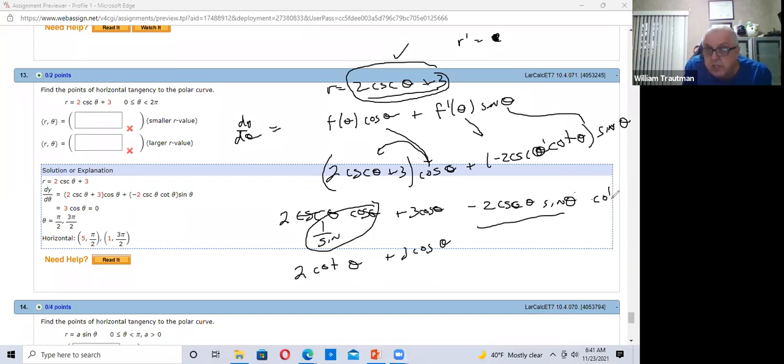No, this is fine. That cotangent theta is supposed to stay there because the sine went here.